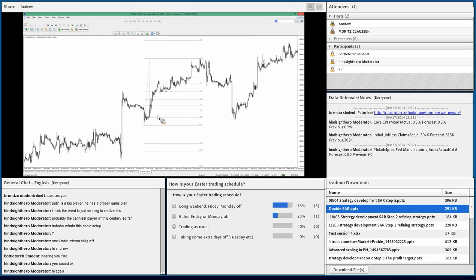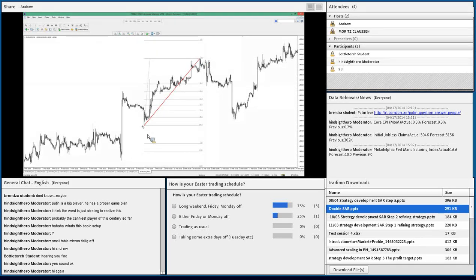Okay, so in this case, we get a nice move up from here to here. Price retraces, in this case, to the 38%, and then it rallies. So once that happens, I can label this up.